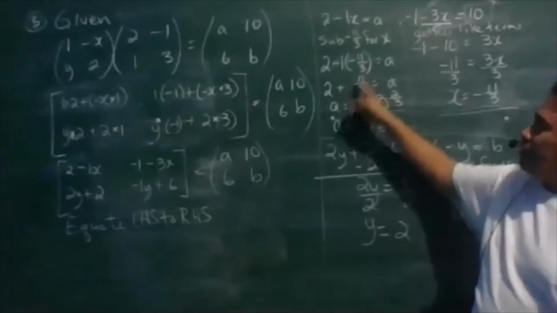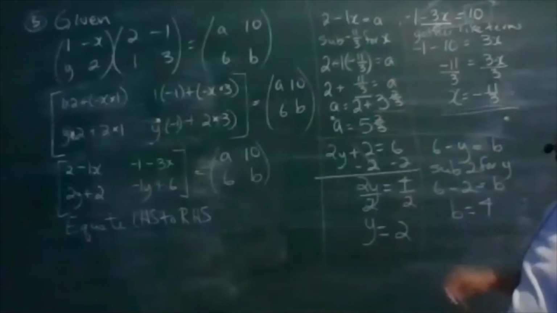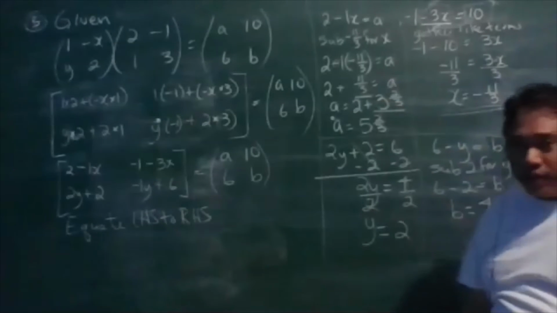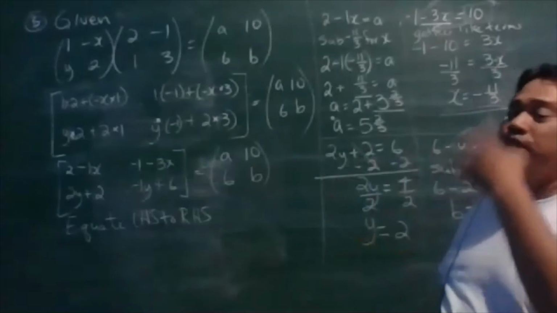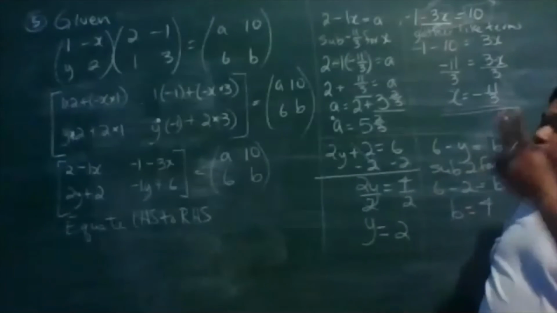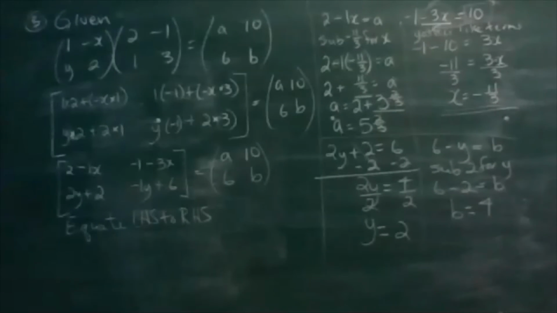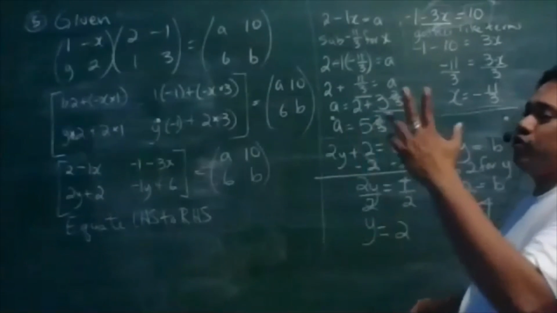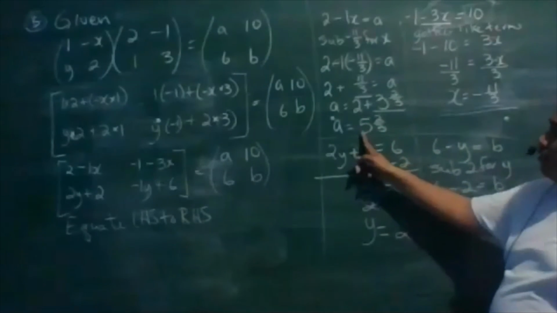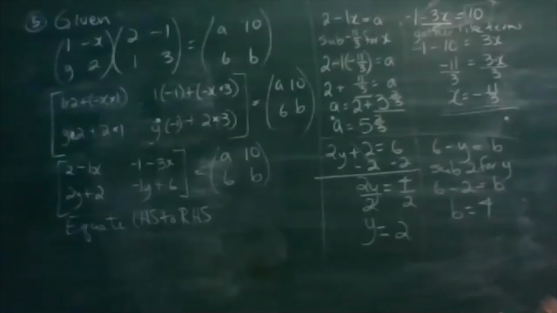So I have 2 plus 11 thirds, but 11 thirds is the same thing as 3 and 2 thirds. 3 can go into 11 3 times, which gives me the number 9, leaving me 2 remainder, and the 2 goes over 3 since it's a remainder. Now, 2 plus 3 is 5, and the 2 thirds just comes along with it. So we've done the first 2.